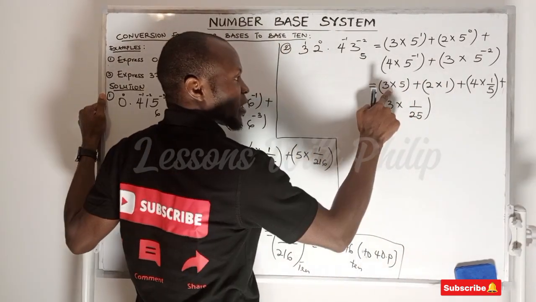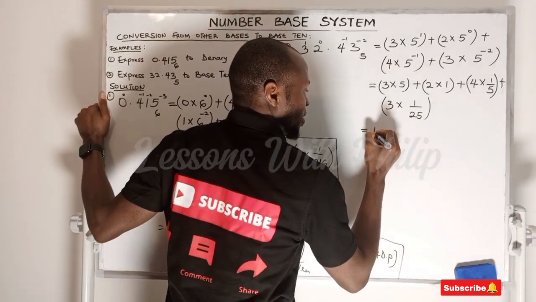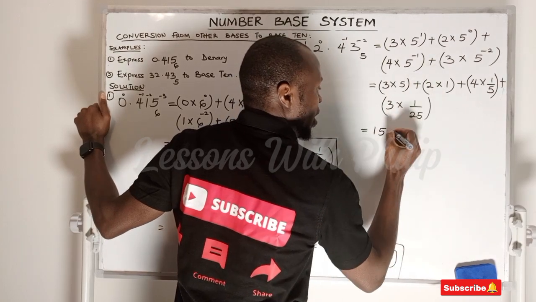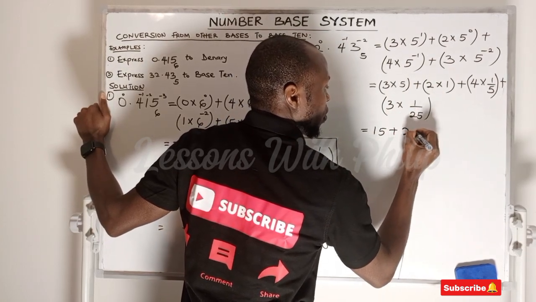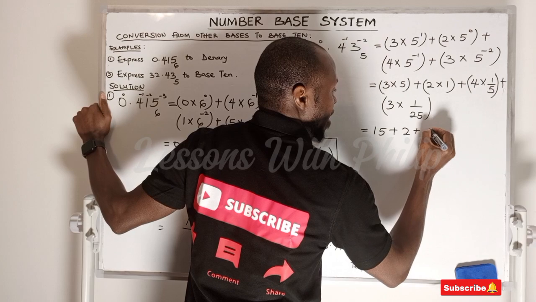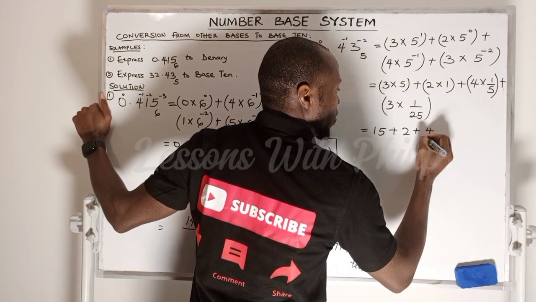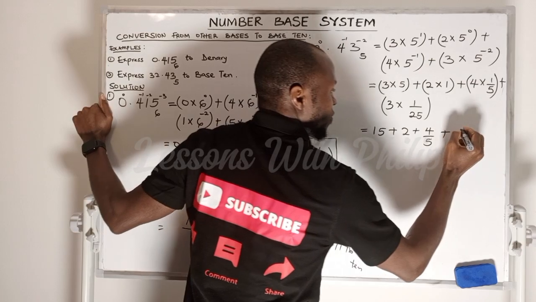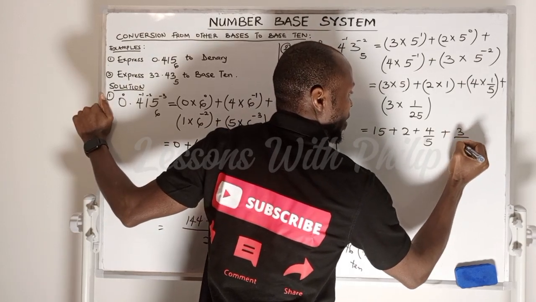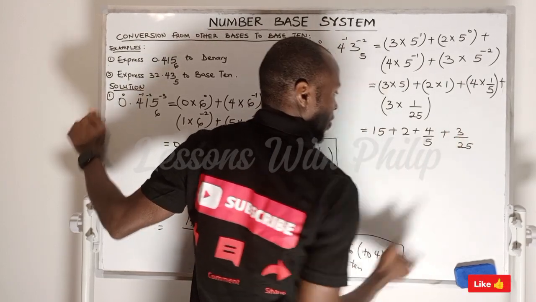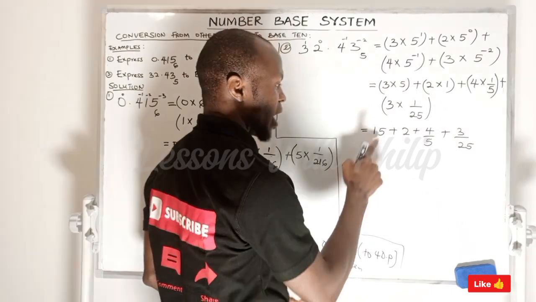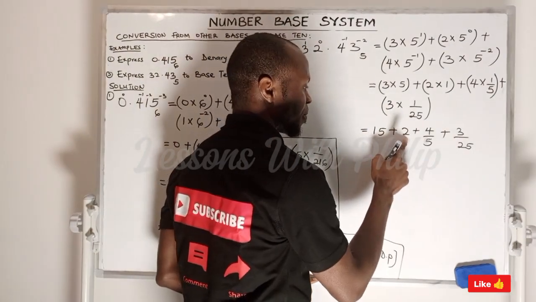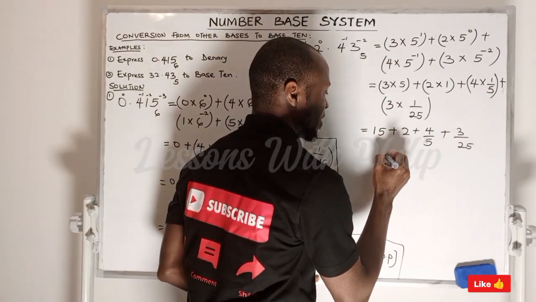This will be equivalent to 3 times 5, which is 15. 2 times 1 is 2. Plus 4 times 1 over 5 will be 4 over 5, plus 3 times 1 over 25 will now be 3 over 25. So I can decide to add these two together. This is 17.